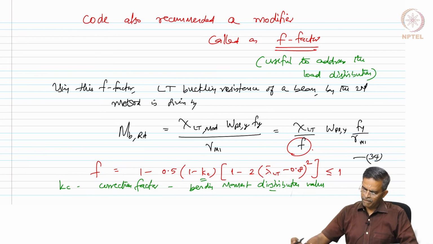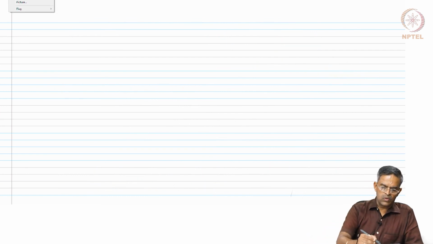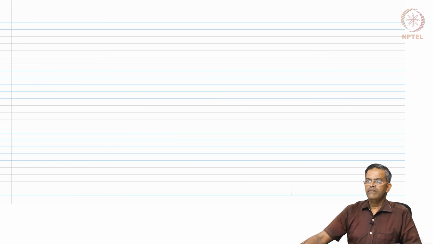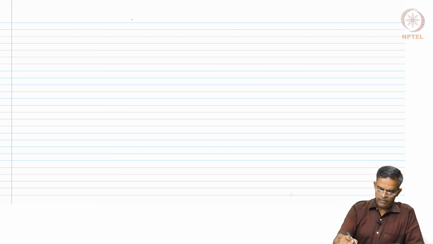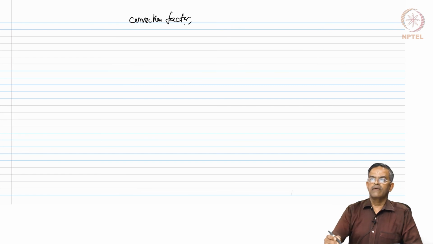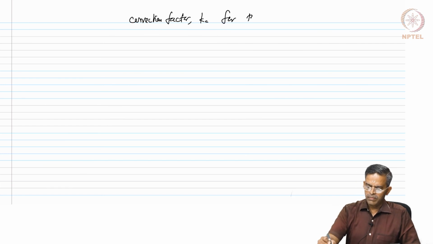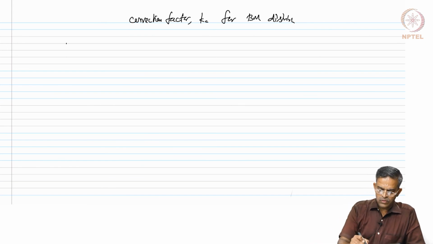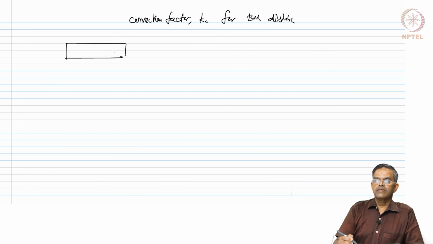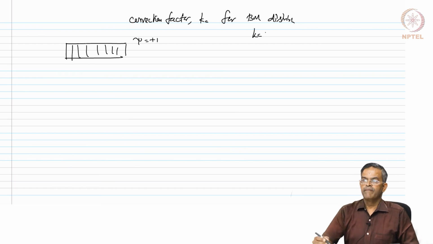So, now let us see how this factor looks in the code. For various types of bending moment distribution, let us say the correction factor Kc for BM distribution. If it is uniform, where psi is plus 1, Kc is 1.0.